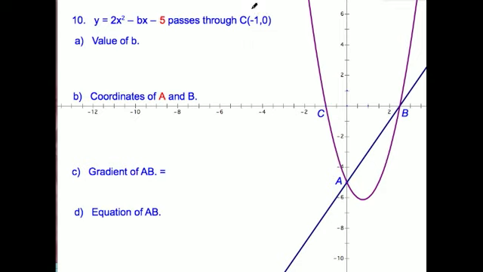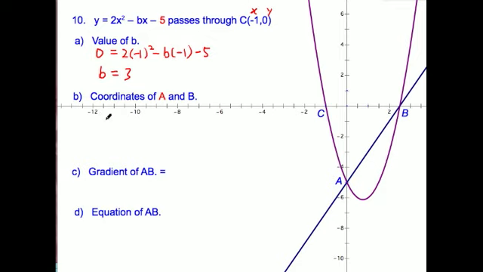So here x is -1 and y is 0, and substituting into the equation, and simplifying, we have b equals to 3.